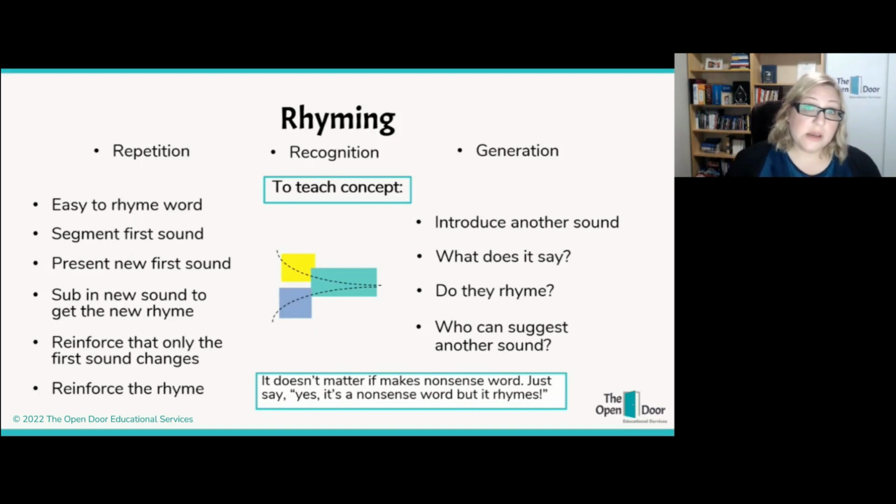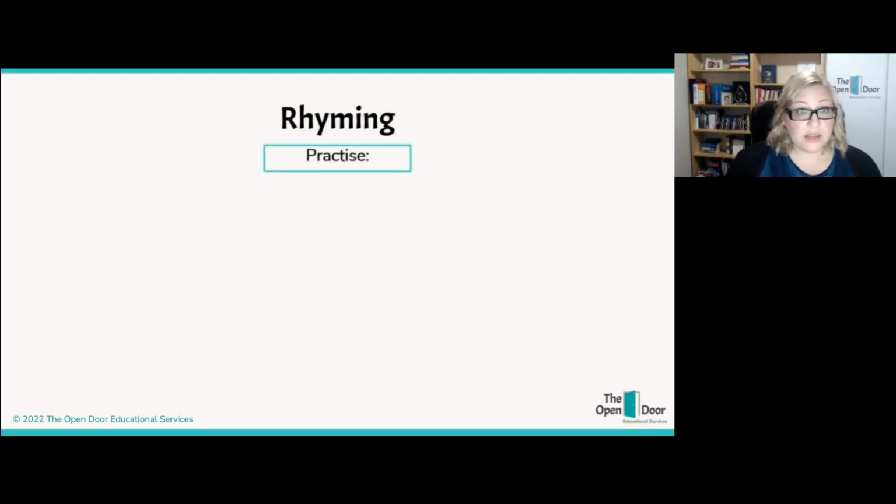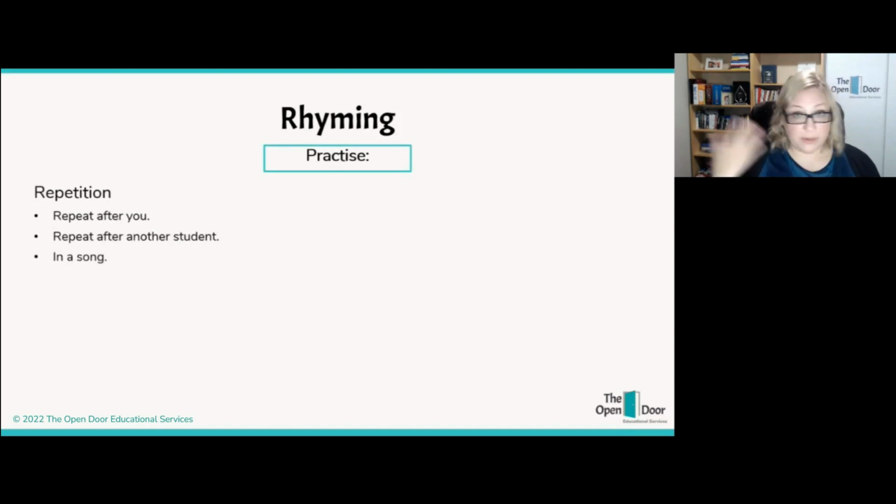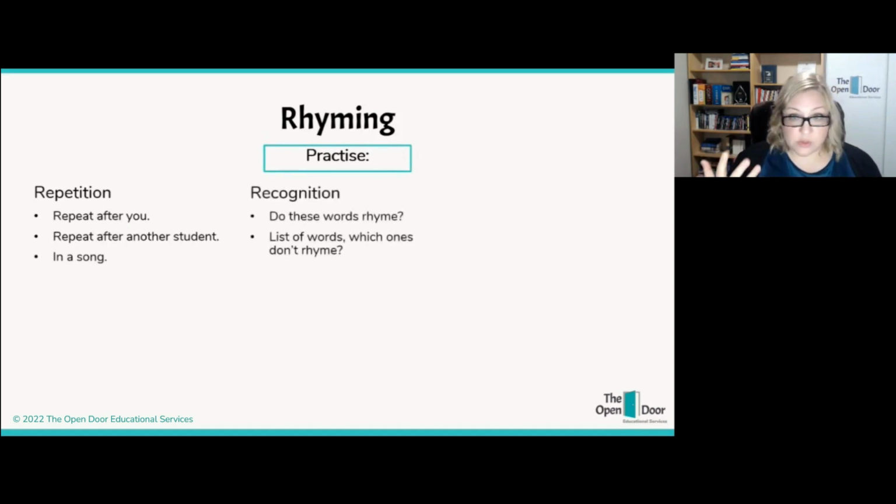way. So once you've done that, then you can get into your practice activities. And you know, if you search, there's 1,000,001 different practice and activities and games that you can do with rhyming. The thing is, make sure that you're focusing on first that repetition, where they can repeat after you, repeat after another student, repeat words from a song, rhyme recognition, questions like, do these words rhyme?